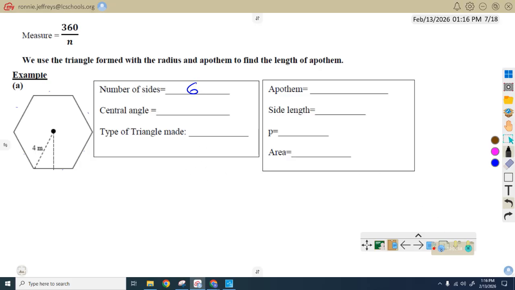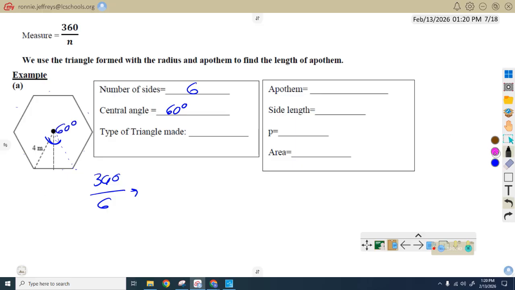All right, hang on one second. All right, so central angle. Well, 360 over 6. We get 60 degrees. Now, that means this whole thing right here is 60 degrees. Okay?